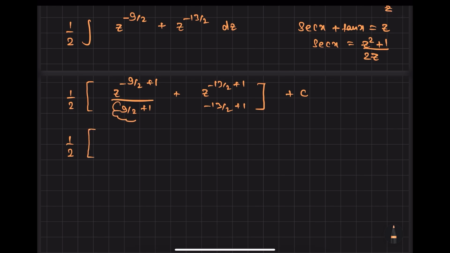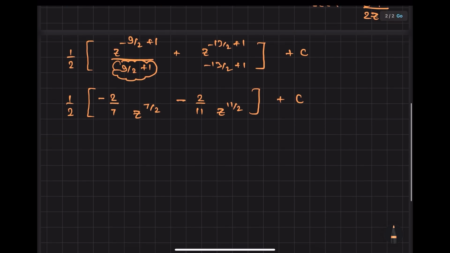So look at this part. This part will become minus 7/2, so can I write minus 2 by 7, and then we will be having z to the power 7/2? Correct? Similarly, we will do the same thing with the next component: minus 2 by 11, z to the power 11/2, integration constant c.